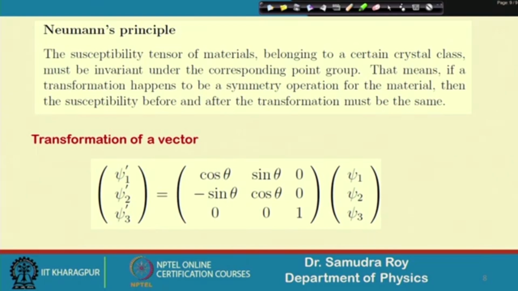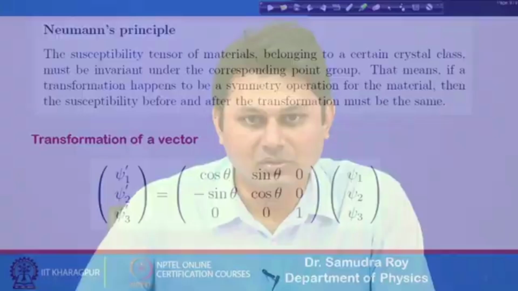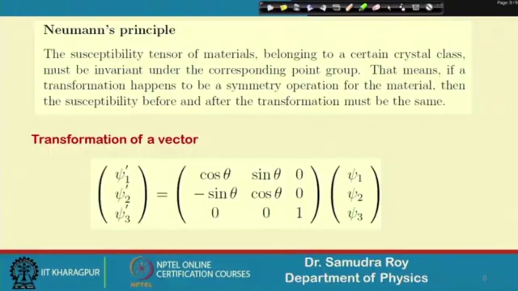Now let us find out what Neumann's principle suggests. Before that, we should understand that since we are using crystals, there are different kinds of symmetry in crystals, which we call point group symmetries. Some kind of symmetry operation can be made on the crystal, and then the orientation of the crystal will change, but not the property.